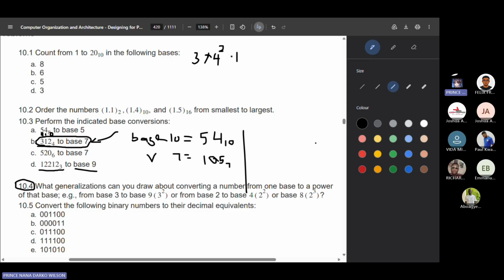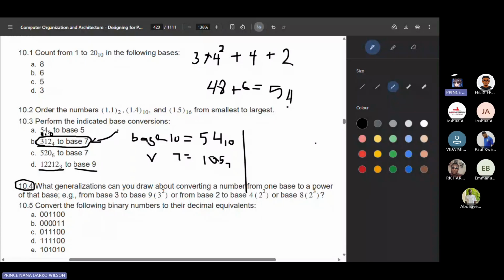The next one will be 1 times 4 raised to the power 1, which is 1 times 4, which is still 4. And then the last one is going to be 2 times 4 raised to the power 0, which is 2 times 1, which is still 2. So 4 squared is 16, and 3 times 16 is 48, and 4 plus 2 is 6. So 6 plus 48 gives us 54. So the first one is correct.